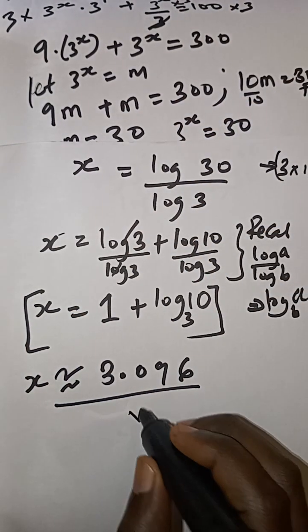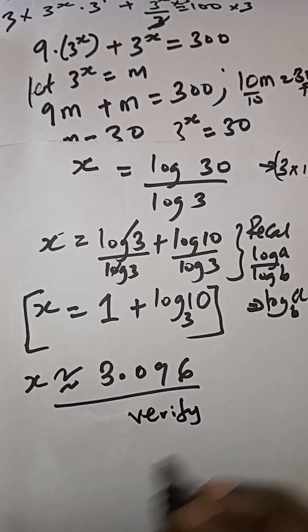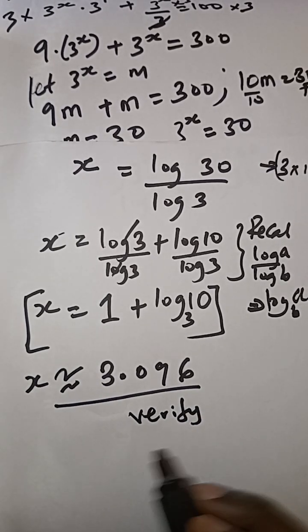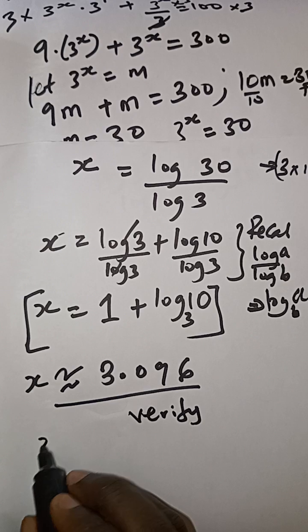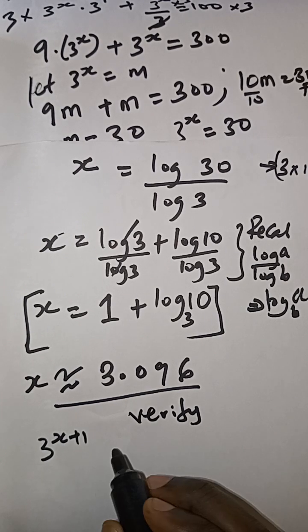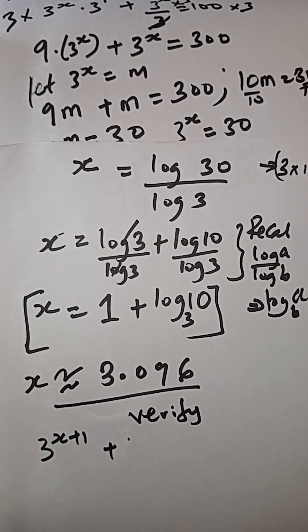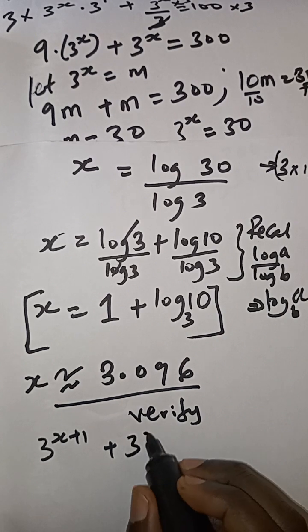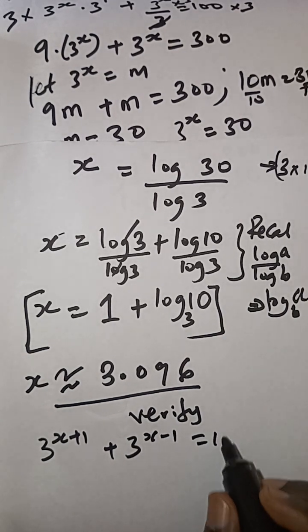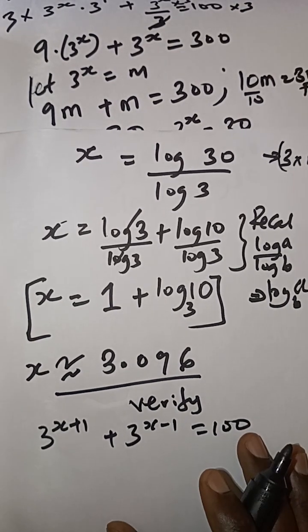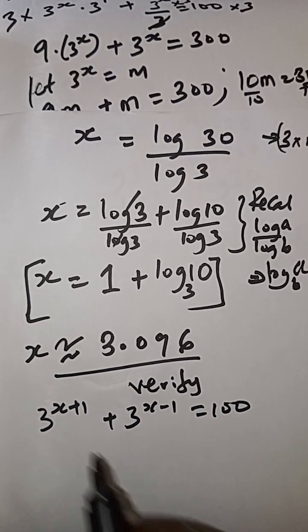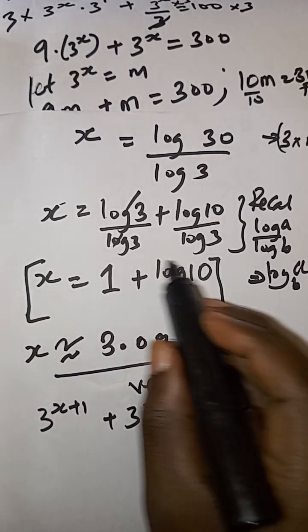So we're going to go ahead and verify our question. Remember, we had 3 raised to x plus 1 plus 3 raised to x minus 1 is equal to 100. So wherever I have x, I'm going to substitute this.